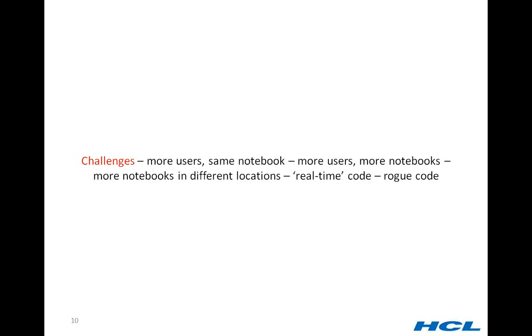And what sort of code are these users going to run on it? Is it going to be just a simple code, or real-time code, or a rogue code? When I say rogue code, it's more like somebody just scratches in your notebook and doesn't care about it, so you need somebody to control that. Otherwise, this code can bloat the entire notebook, and finally you may not find it useful.